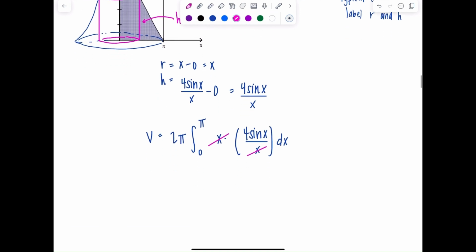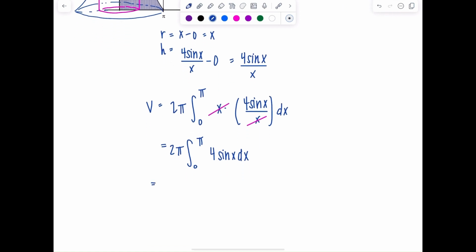And then I'm just left with 2 pi integral 0 to pi 4 sine x dx. All right, very good. Now, if you want, you could take the 4 out. So you could have 8 pi times integral 0 to pi sine x dx.